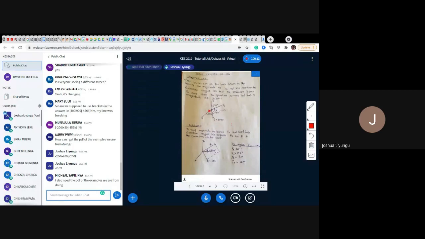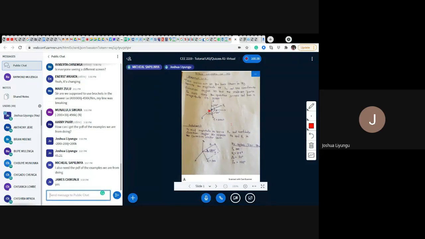Those using Big Blue Button, on the screen, on your far bottom left, you are going to see there's an arrow there. Have you seen the arrow? On your right is written scanned with the scanner, but on your left, there's an arrow.